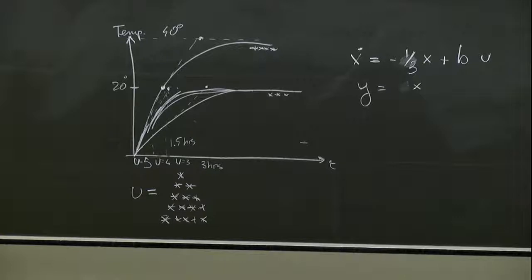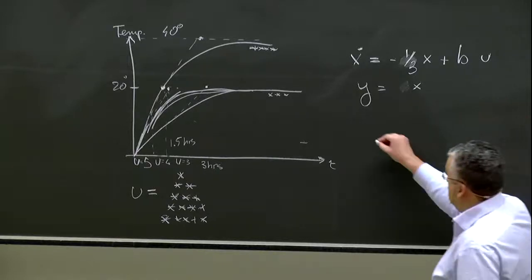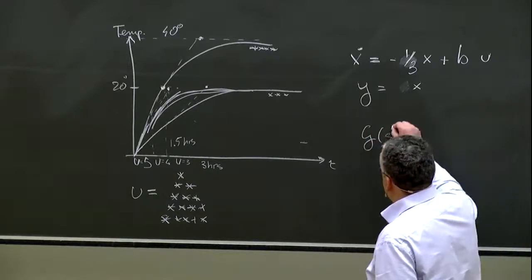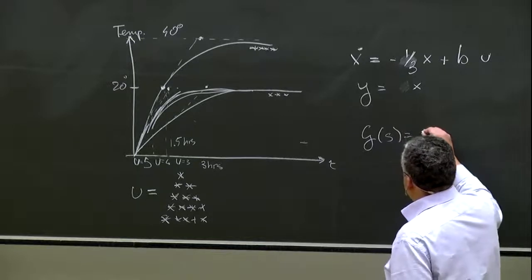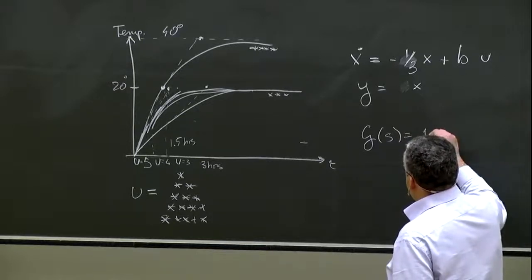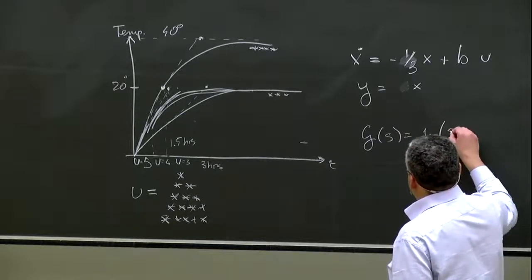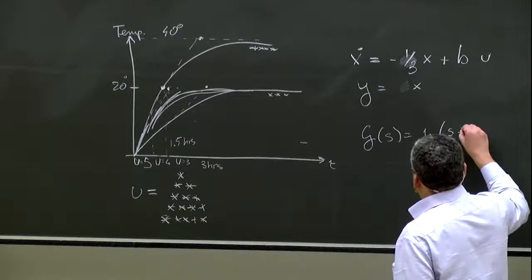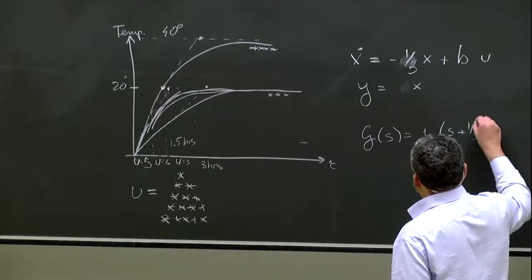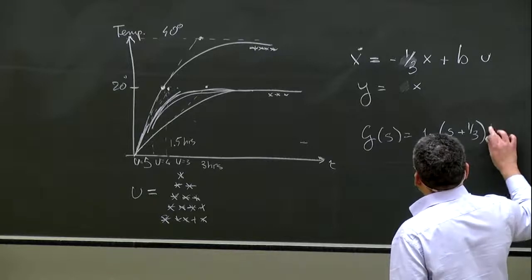What you have is that your system has a pole here, right? What is the transfer function of this? How do you compute the transfer function here? This would be 1 that multiplies S plus 1/3 times B, right?